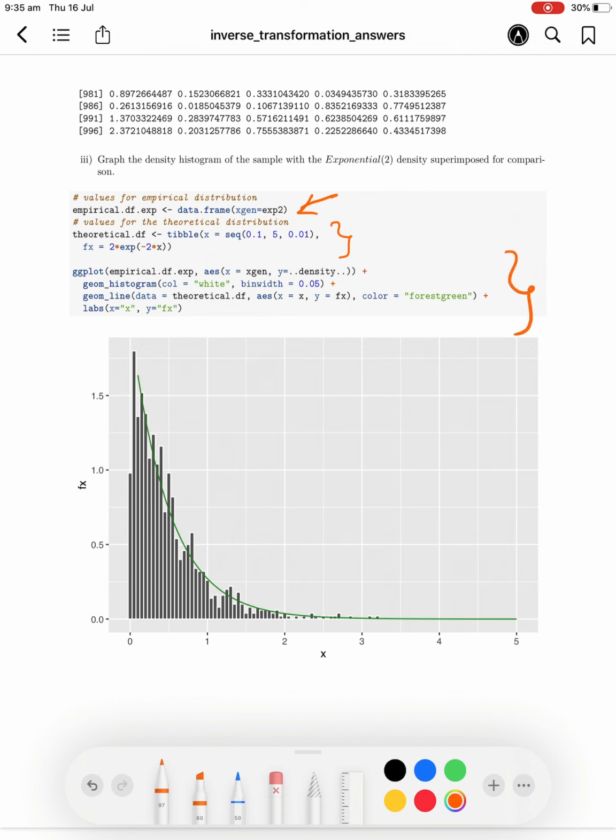And then I use ggplot to draw the empirical distribution and the theoretical distribution. So this is the theoretical distribution, and the histogram denotes the empirical distribution. So now you can attempt the questions.